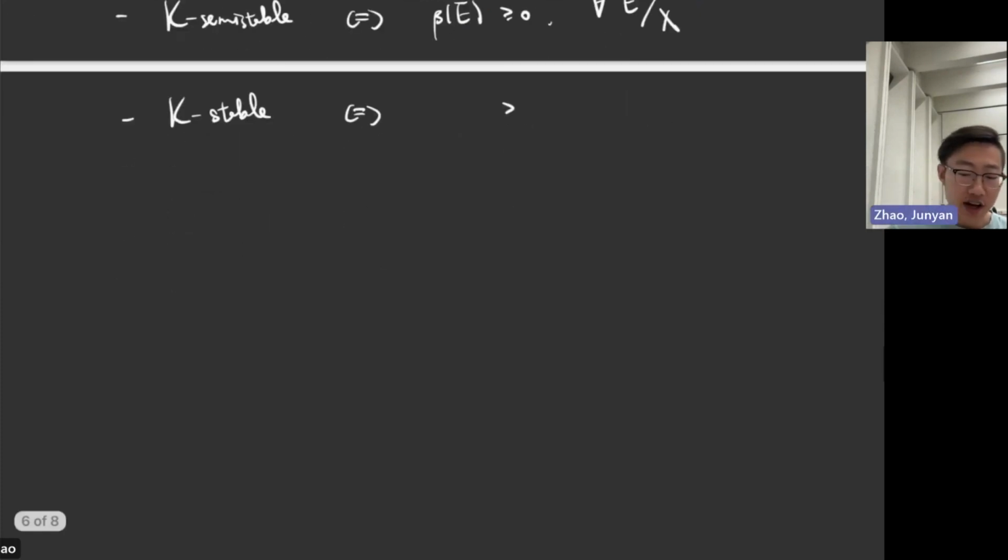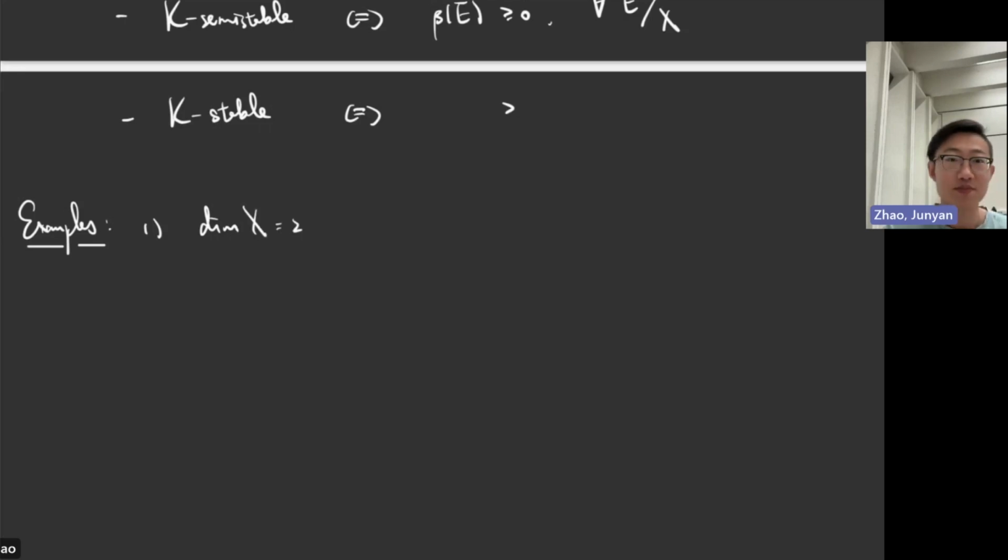So here are some examples. In dimension one, you have P1, right? Let's consider only the absolute case for the moment. You have only P1, and it's easy to check. This is the K-polystable member. This is not that interesting, but in dimension two, X is smooth.